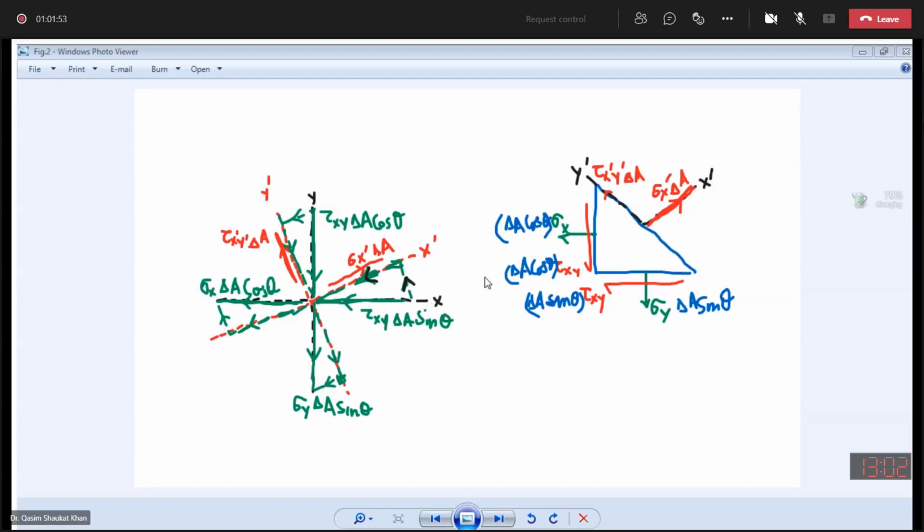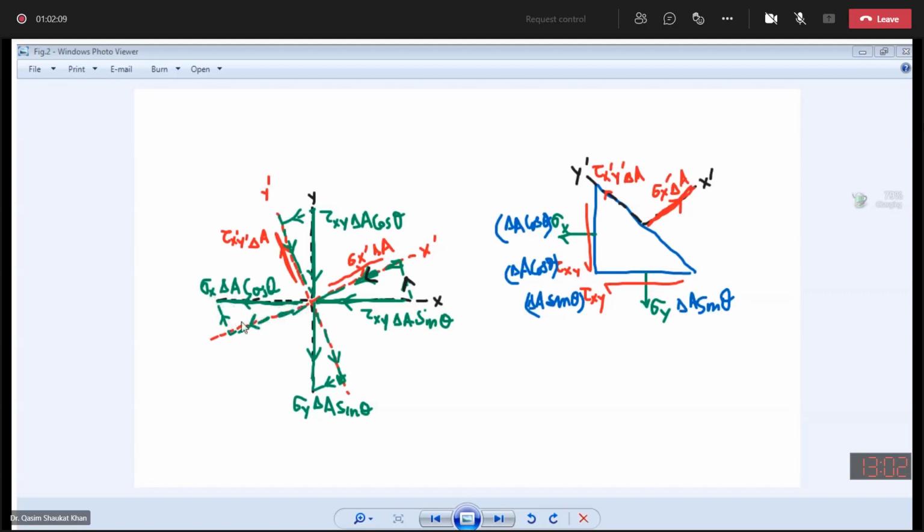Okay, now next we can resolve this force sigma x delta a cos theta. So this is the force sigma x delta a cos theta. It will have two components, one along the x dash axis, the other along the y dash axis.